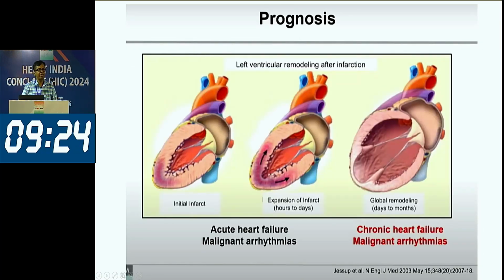The important factors are the duration and severity of ischemia. Many of the patients who develop MI ultimately develop some sort of heart failure or malignant arrhythmia, and in the long term, because of adverse remodeling, these patients develop chronic heart failure with significant LV dysfunction. Till now, there was no classification based on tissue injury parameters.